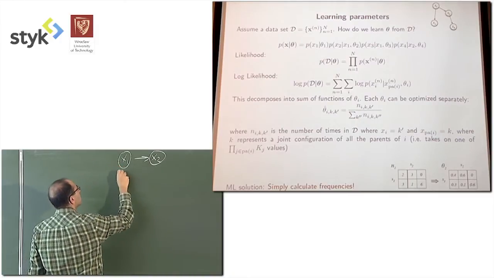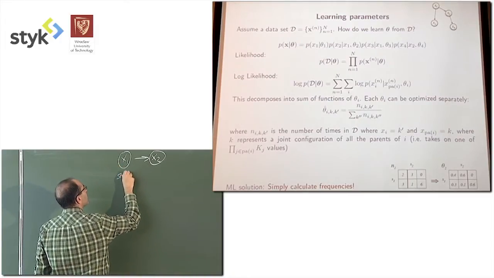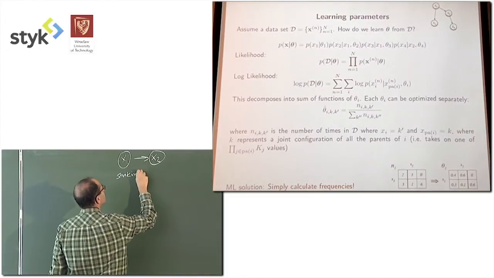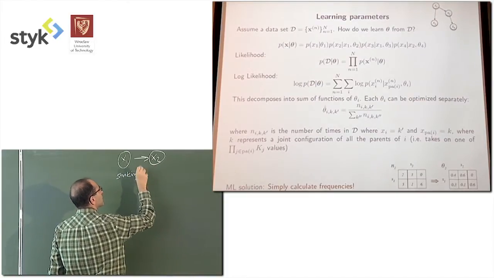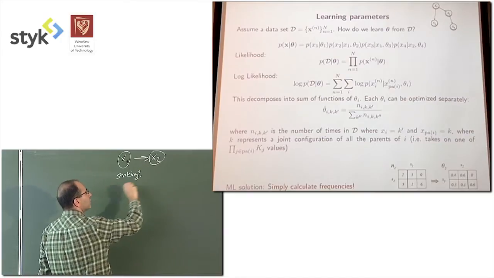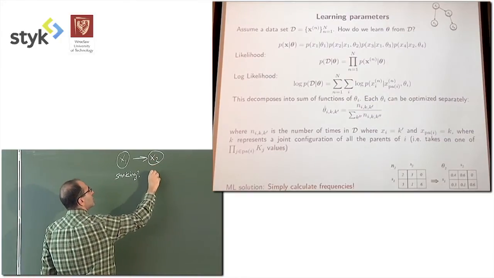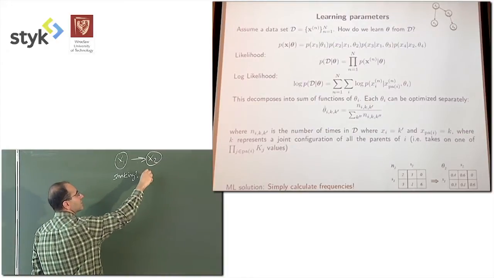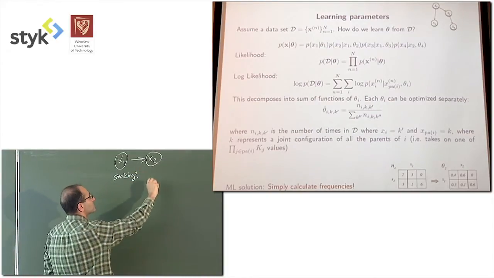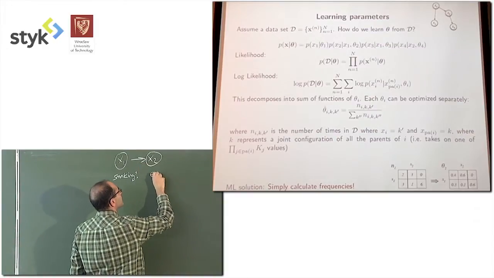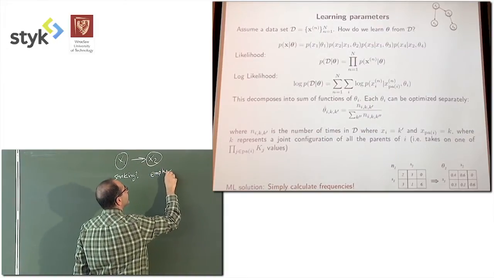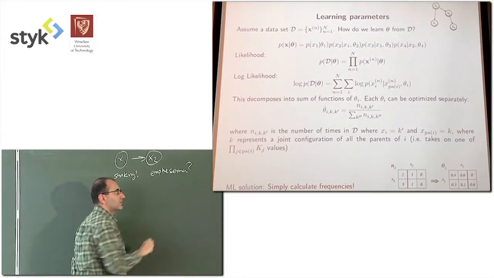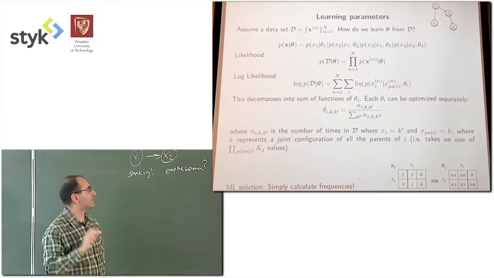Let's say x1 is a binary variable for whether somebody is a smoker or not, and x2 is something like lung cancer. I was going to be a bit nicer. Emphysema. So a bad thing happening to your lungs, but not necessarily cancer.